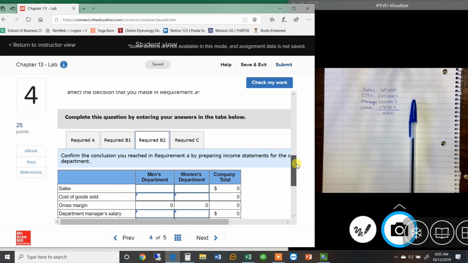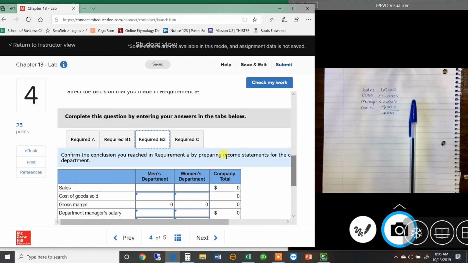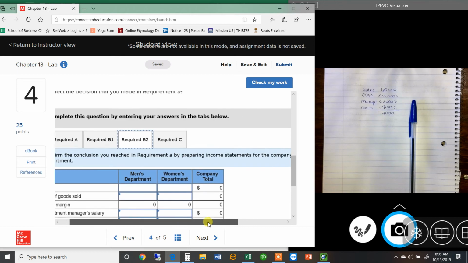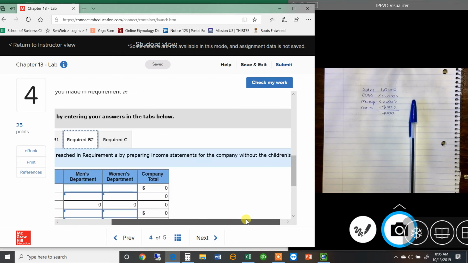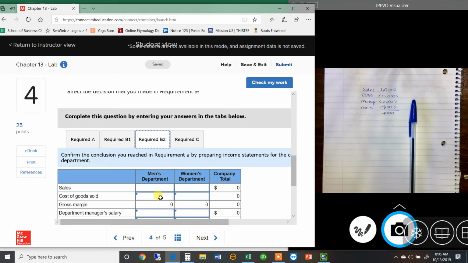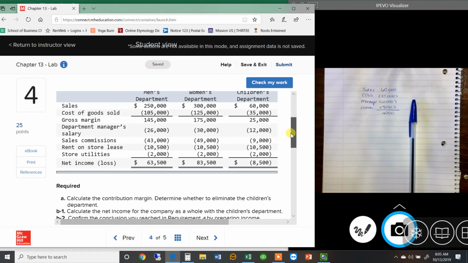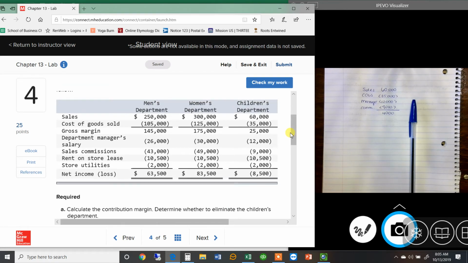Okay. So then for requirement B, it says here, confirm the conclusion you reached in requirement A by preparing income statements for the company without the children's department. So really what I'm going to do is pull information down directly from up top for the items that are based solely on that department.